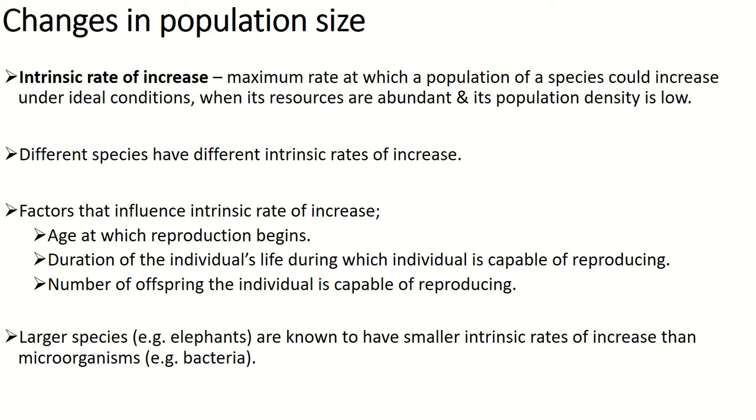If the resources are abundant, it will just continue to increase in size. Consider something like a herd of elephants in a pristine, beautiful environment with lots of food and water. They will just start to increase. So we're considering what are those variables that affect the ability of different organisms to increase, the population size to increase.